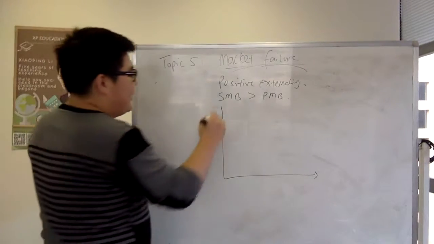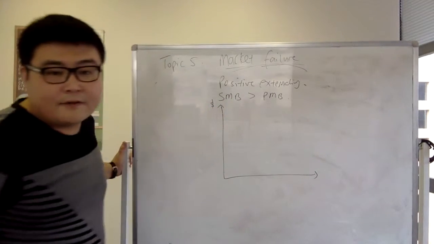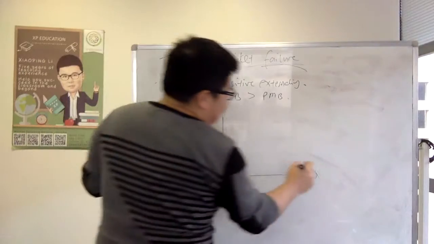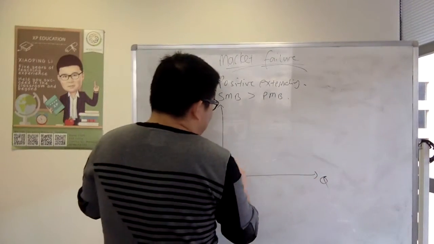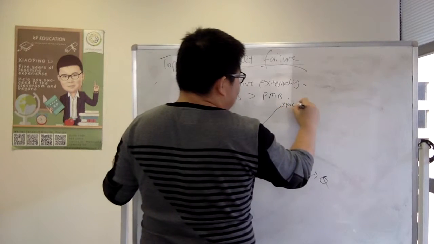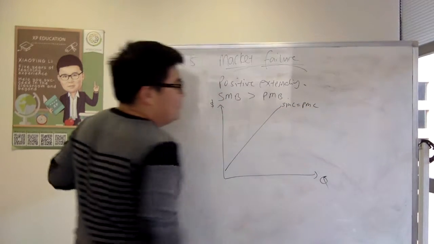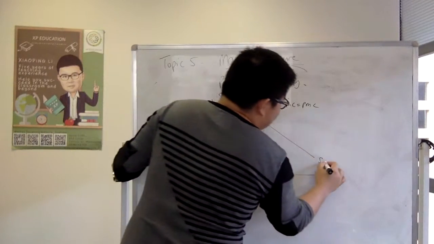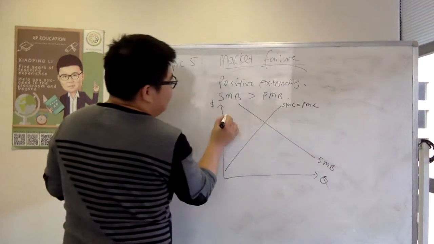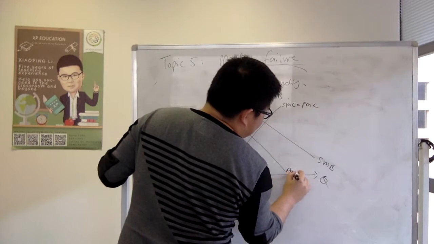So again, whenever we try to characterize these market failures, it is always useful to use a diagram to highlight this, right? Again, we have a dollar value on the vertical axis, and then we have a quantity on the x-axis, yes? Okay, and then we have the social marginal cost assumed to be equal to the private marginal cost. Now, the social marginal benefit is greater than the private marginal benefit.